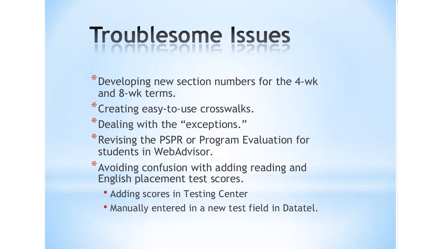The other troublesome issue was creating an easy-to-use crosswalk. I would create a crosswalk that I thought was very simple and very easy to understand, and I get a lot of questions. And so we actually ended up with the same information presented in about 3 different ways for faculty advisors. And I thought maybe that might be more confusing, but what we did find is that really it's the same information, but it is presented in different ways, and one person will like one form better than the other, but the point is it says the same thing and they're getting the students placed the right way.